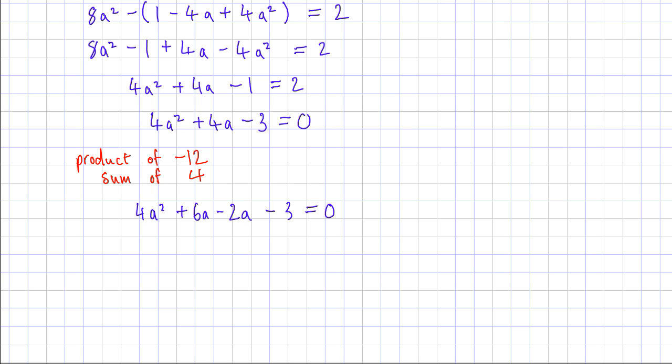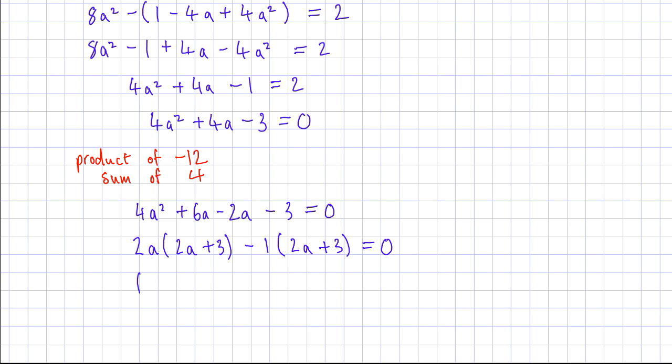Now I'm going to factorize these two terms and then these two terms separately. So I'm going to have 2a, then I have 2a plus 3. Here I'm going to factorize minus 1 from each of these. So I'm going to have minus 1, then I'm going to have 2a plus 3, that's equal to 0. Now I can see that 2a plus 3 is a common factor, so I'm going to factorize that out.